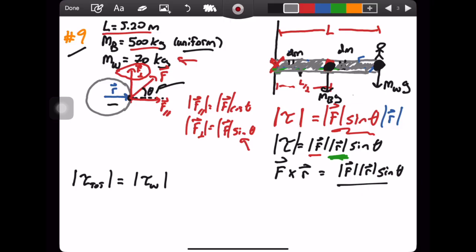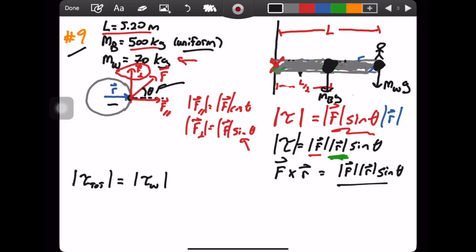So we've got this beam. It's a uniform beam, so the mass is distributed equally throughout it. That's what allowed me to make the case that all of the torques to the left of L over 2 are less than all of the torques to the right. So right in the middle is going to be the average torque for all of the little mini masses that add up to be the mass.